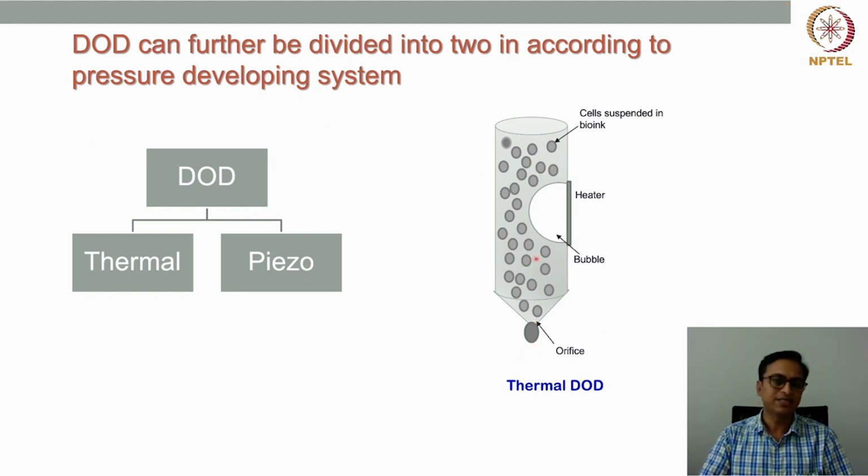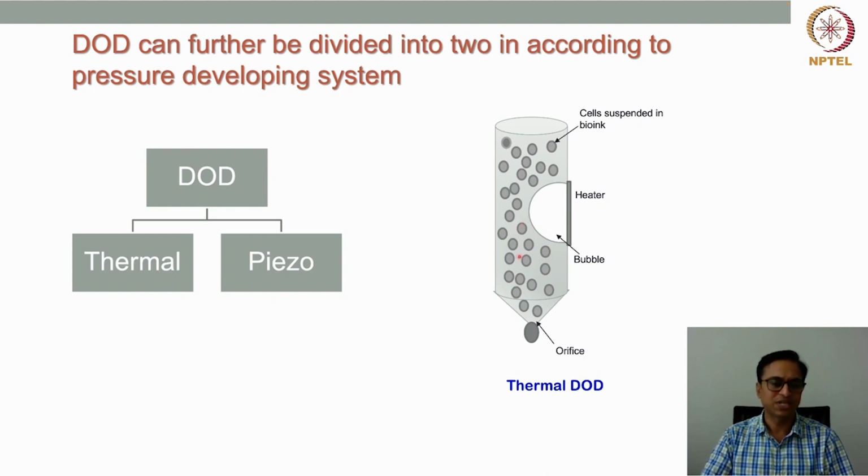In certain thermal inkjet 3D printers, the heater can shoot up to 200 to 250 degrees centigrade. But this heating is so transient, because it lasts for a very small duration. So the temperature of the liquid never reaches that. The local temperature of the liquid can be raised by only 4 to 10 degrees centigrade, not beyond that.